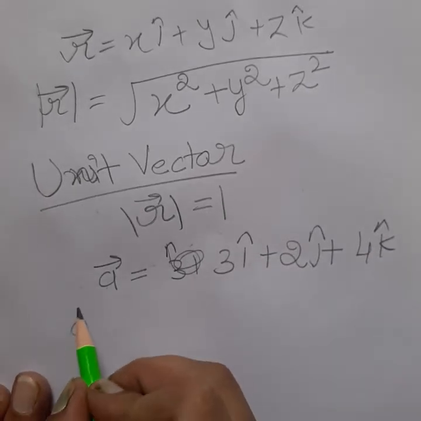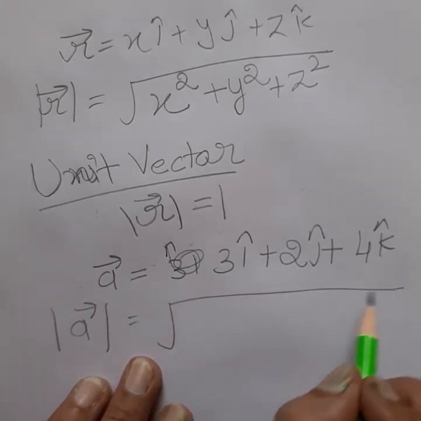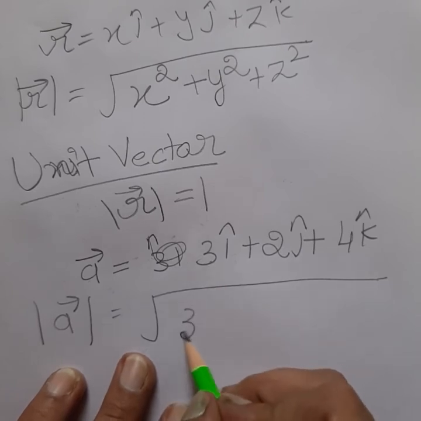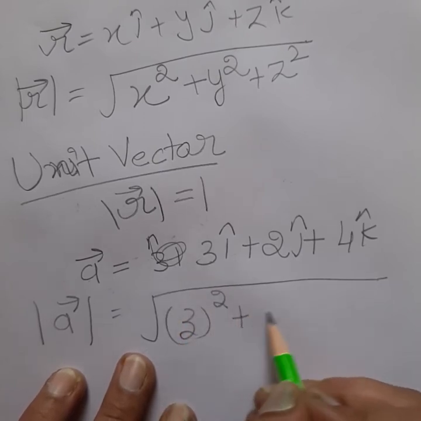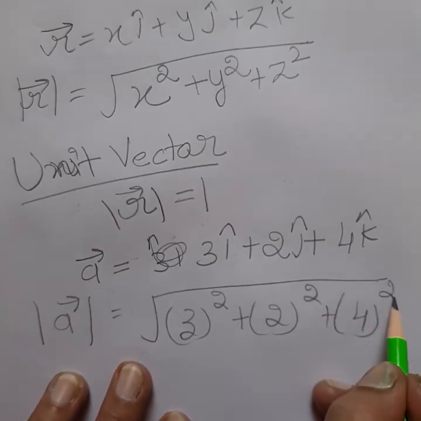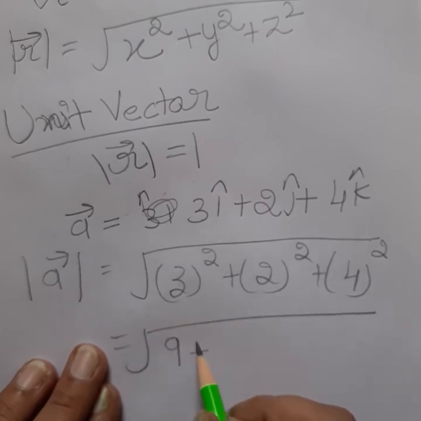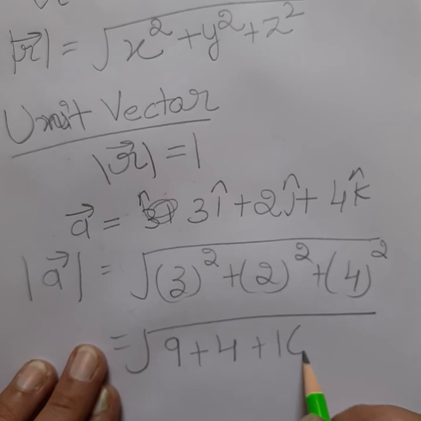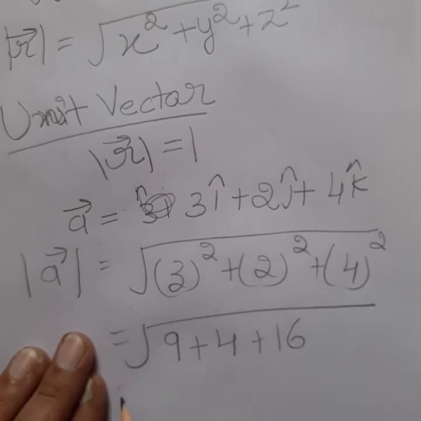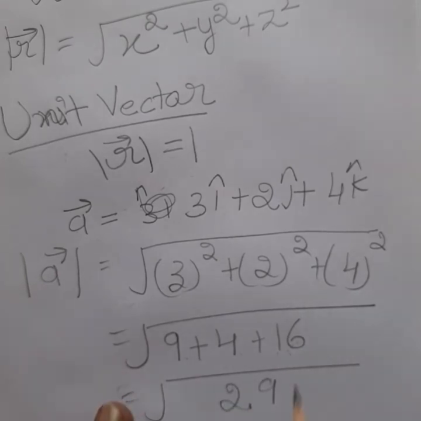First of all we find the magnitude of this vector. We write 3 to the square plus 2 square plus 4 square, and we get 3 3s are 9, 2 2s are 4, 4 4s are 16. After adding these three quantities we get 29.